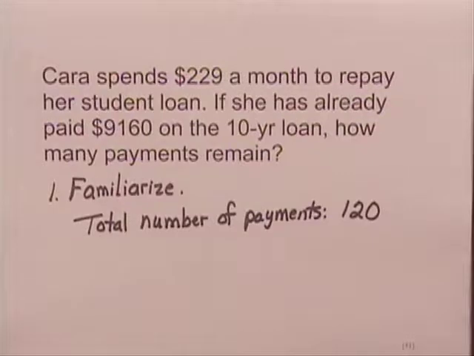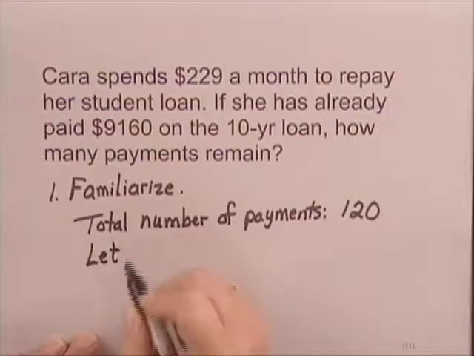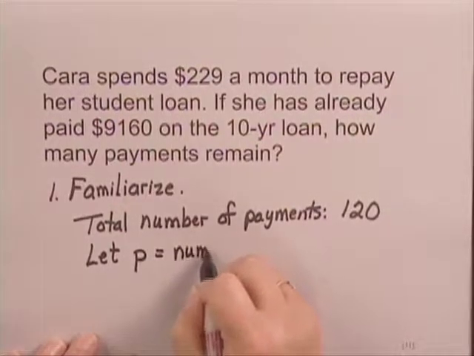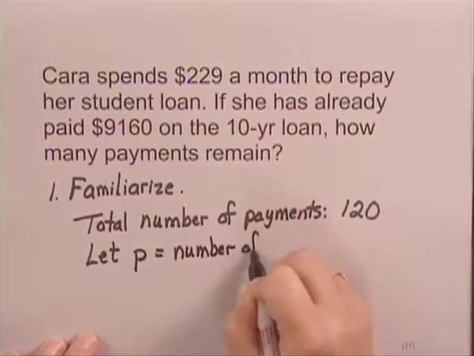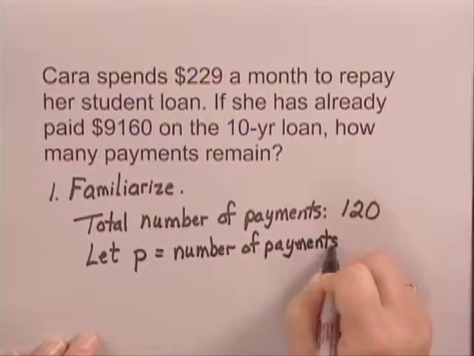So if we can figure out how many payments she's already made, we can use this number to find out how many payments remain. So that we need to define a variable. Let's let P equal the number of payments that remain.